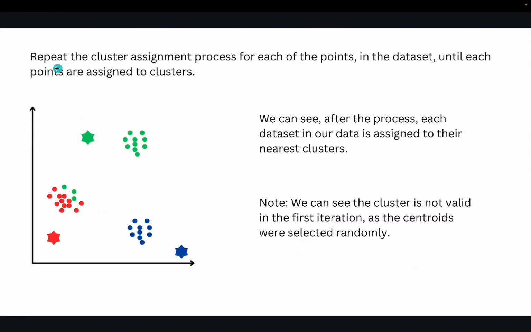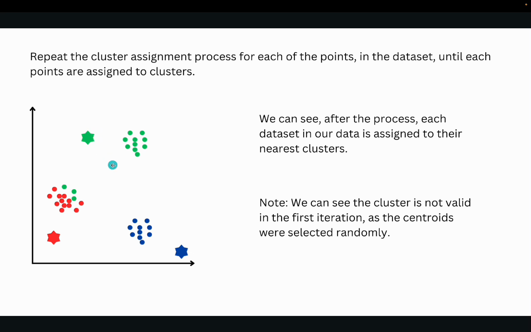It does this step for all the points in the data set. It repeats this until we have finished all the data points, and at the end all the data points in the data set are assigned to one of the three clusters. We can see this is assigned to red, this is assigned to green because it might have been closest to green, these are all assigned to blue, and these are all assigned to green.